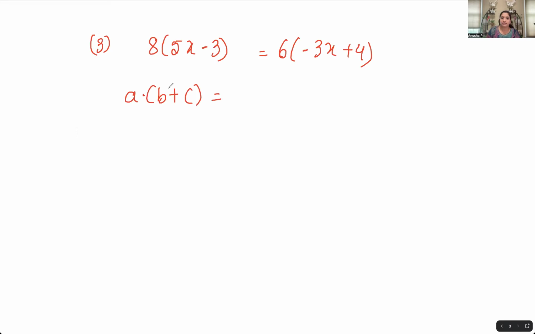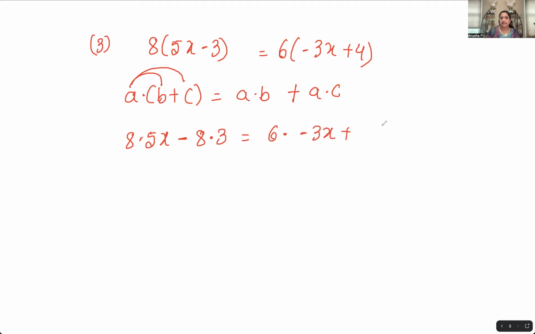A times B plus C is nothing but A times B, in the middle we have plus A times C. When you apply the same concept, 8 times 5x minus 8 times 3 is equal to 6 times minus 3x and then 6 times 4. Okay, 6 times minus 3x plus 6 times 4.